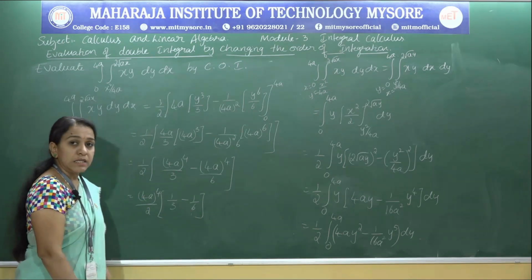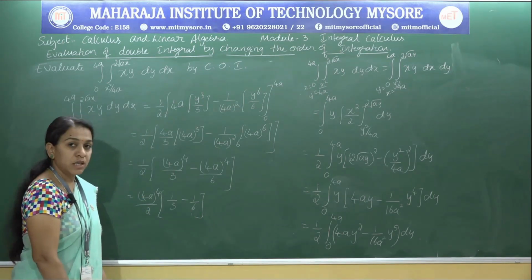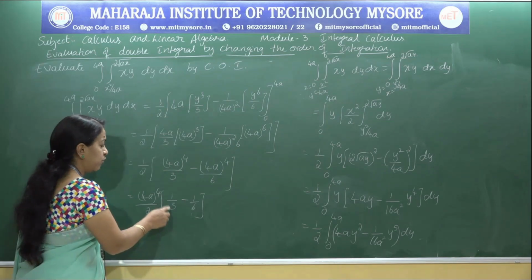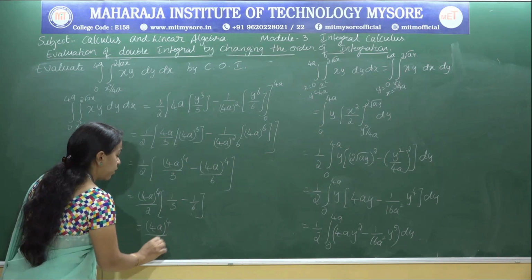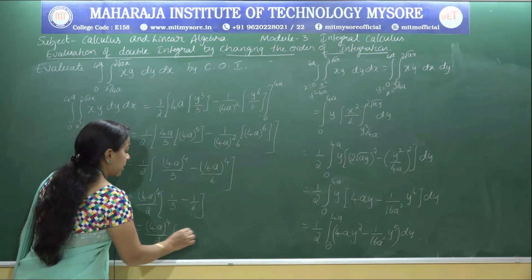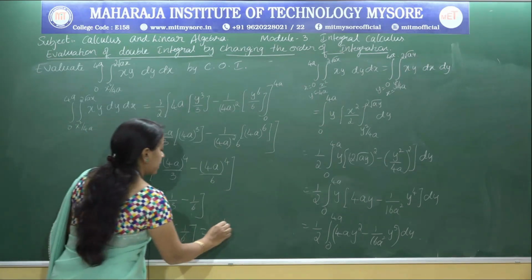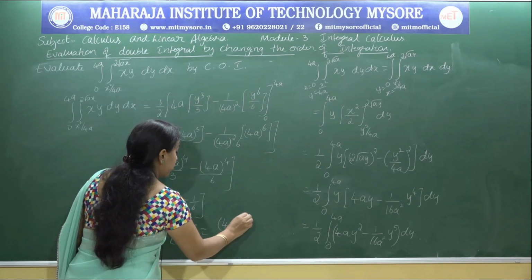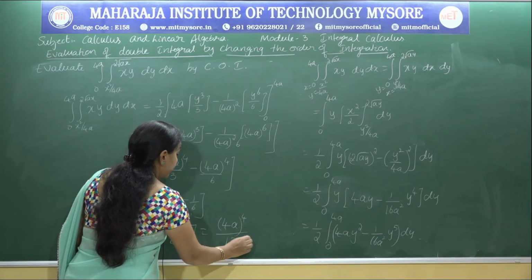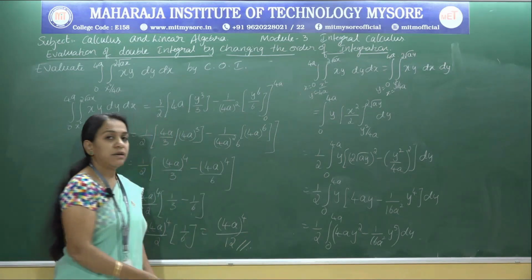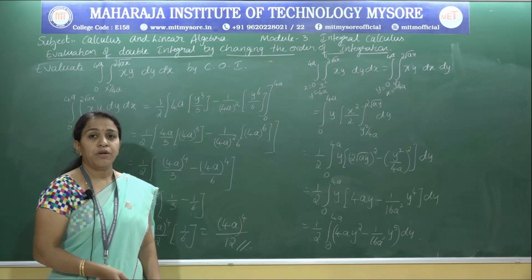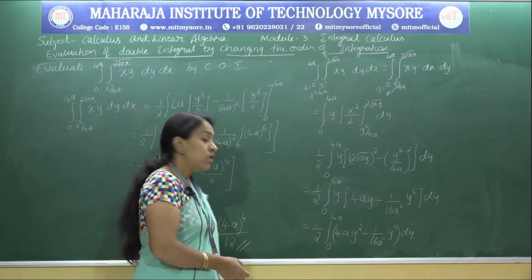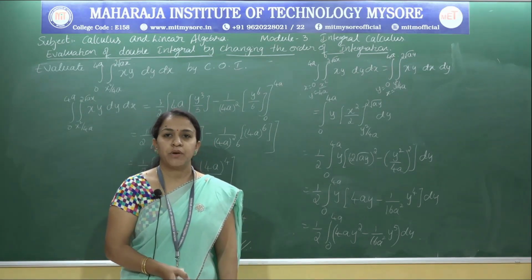If I take the LCM between 3 and 6, 6 will be the LCM, and if I simplify, we remain with 4a whole to the power of 4 by 2 into 1 by 6. So our final answer is 4a whole to the power of 4 by 12. So the evaluated result of the given double integral, by changing the order of integration, is 4a whole power 4 by 12.